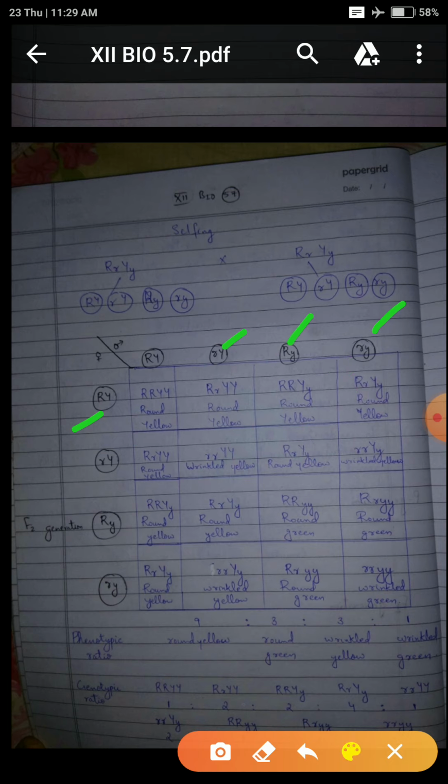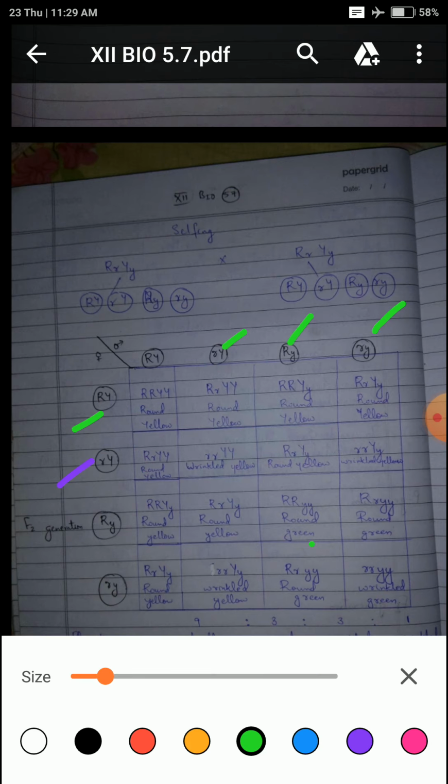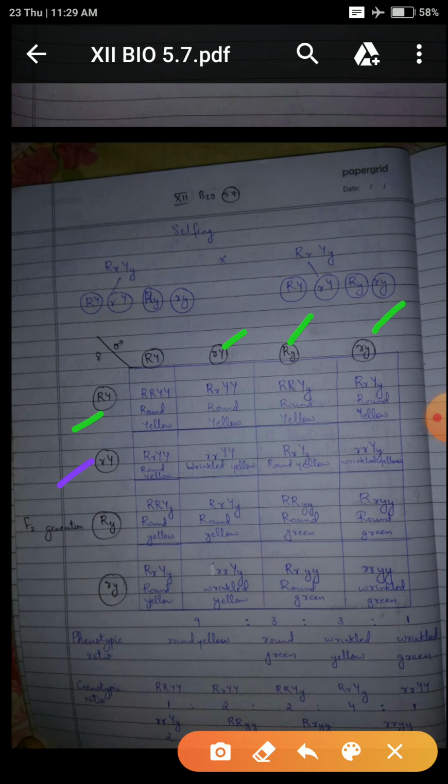Now the next one, small r capital Y with capital R capital Y. It will be capital R small r and capital Y, also round yellow because round and yellow are dominant.